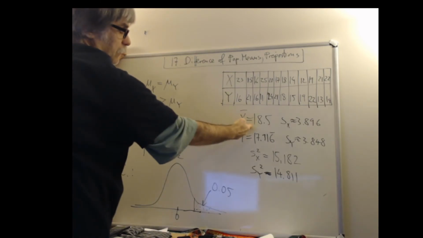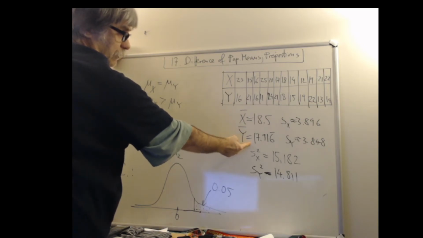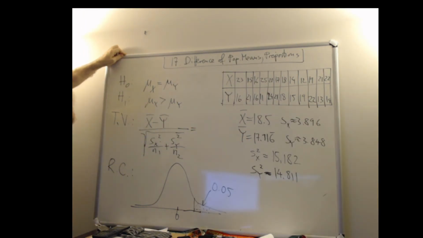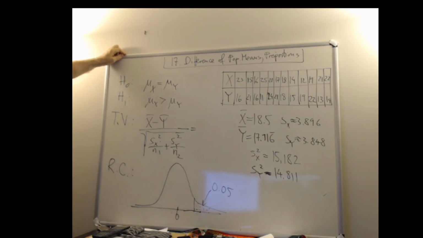I get that without the drug is 18.5, with the drug is 17.9. There is some difference. So maybe without the drug is bigger than with the drug. The driver's test scores without drugs are bigger than the driver's test scores with the drug. Right tail test.